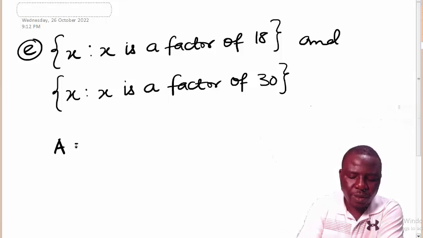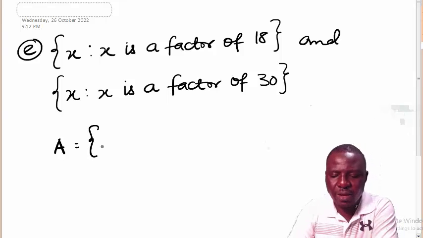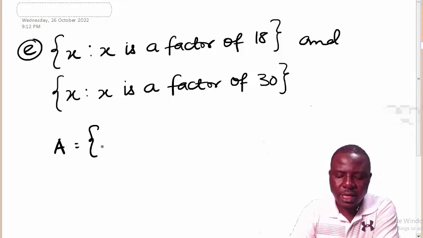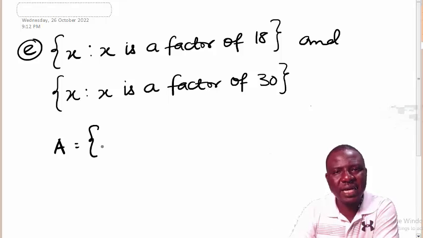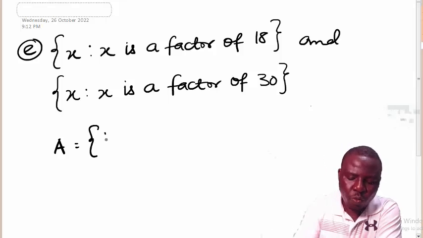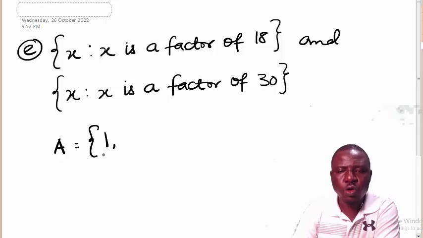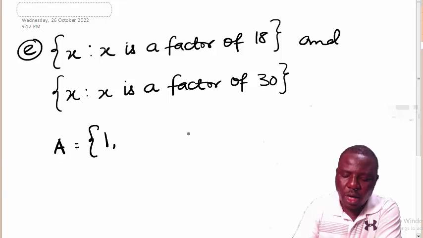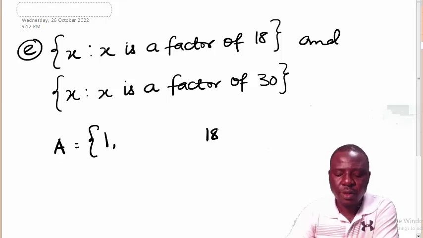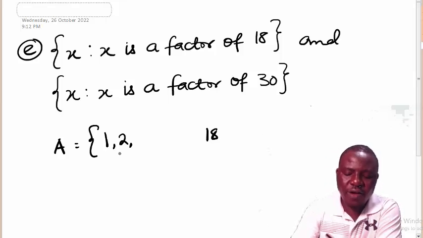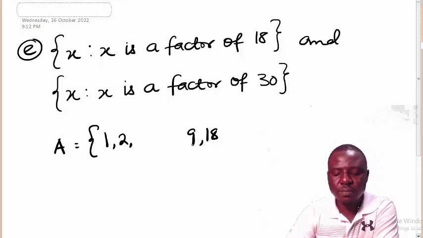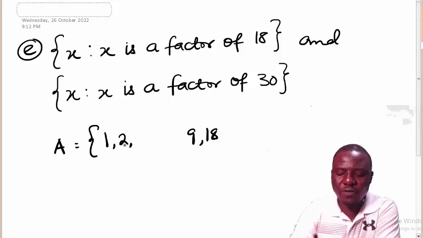So, set A is defined as a set of elements that is a factor of 18. And what are those smaller numbers that can divide 18 without remainder? We said 1 is a factor because 1 can divide 18 eighteen times. So I will say 1 and 18, because 18 is also a factor of itself. Also 2 is a factor of 18. 2 can divide 18 9 times, so if 2 can divide 18 9 times, it means 9 can also divide 18 2 times.